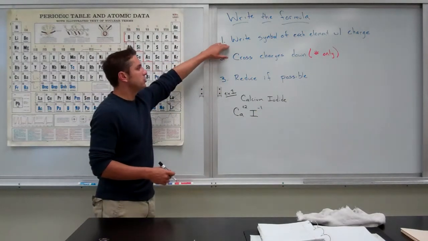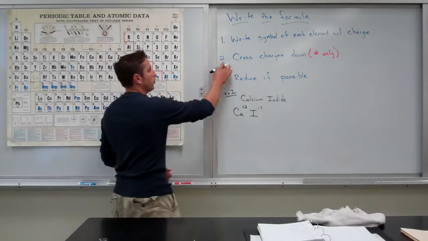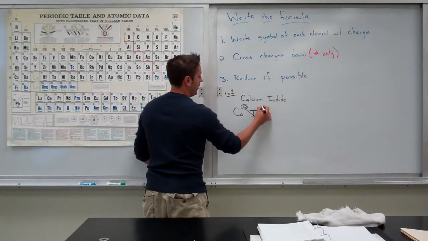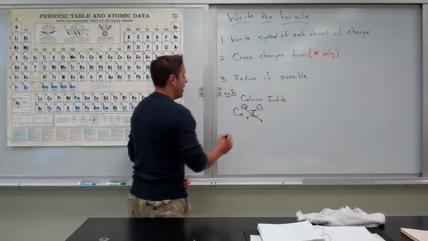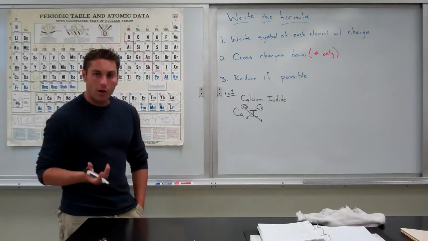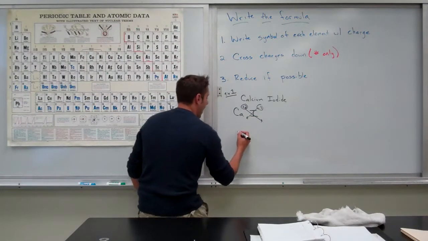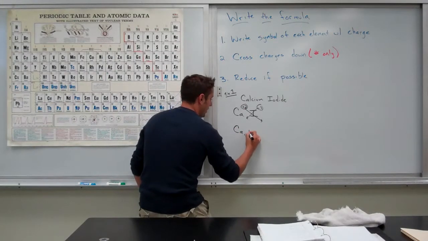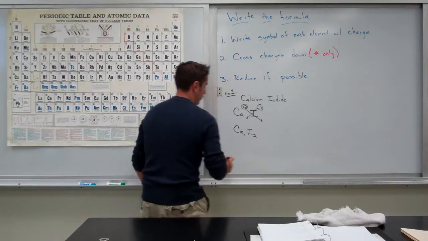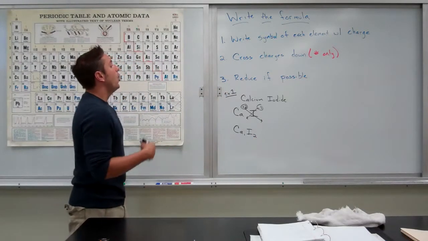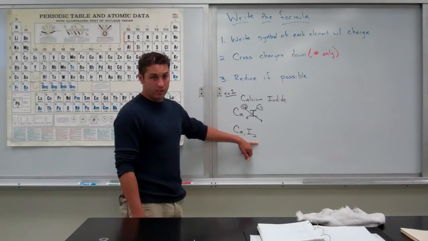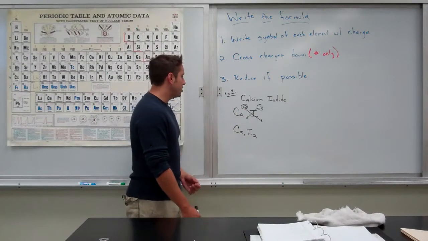Right? So you did your symbols and charges. Step 2, cross the charges down in number only. So the 2 will go to the iodine, and the 1 will go to the calcium, and we don't worry about the charges. So when we do that, that leads us to Ca1I2. Right? We reduce it if possible. 1 and 2 are as simple as it can get, so there's nothing to reduce.